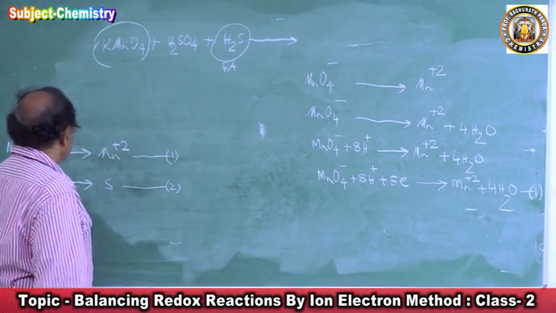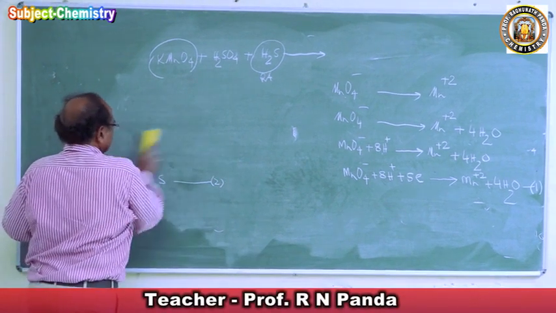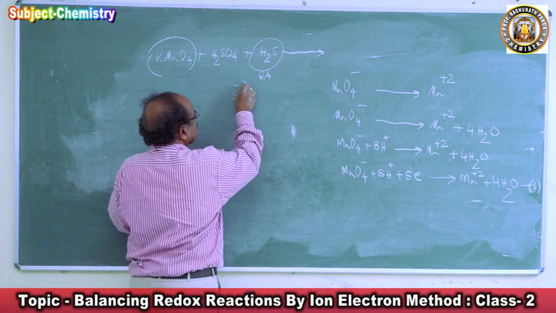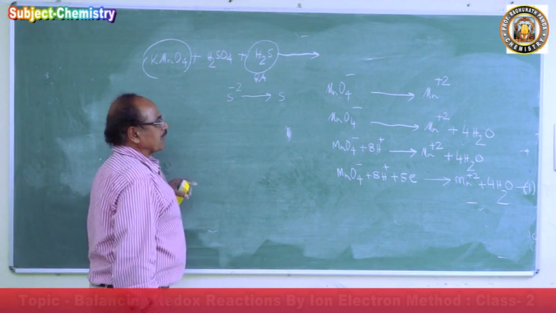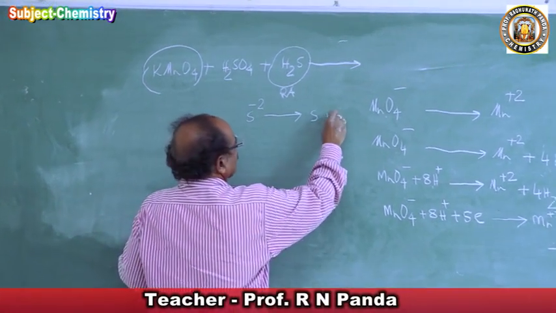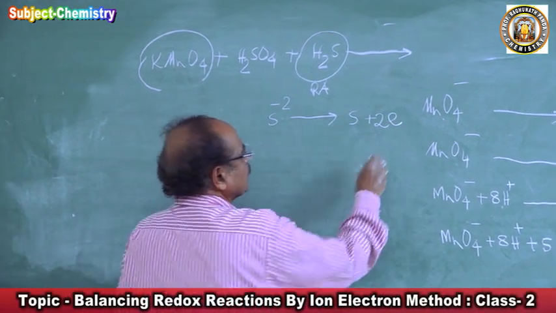Now we will balance S minus 2 to sulfur. S minus 2 is becoming sulfur, so nothing else is changing. So we'll add 2 electrons to balance the charges. And so this is equation number 2.